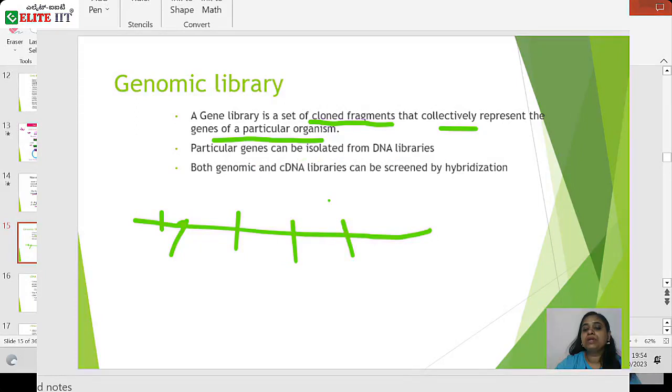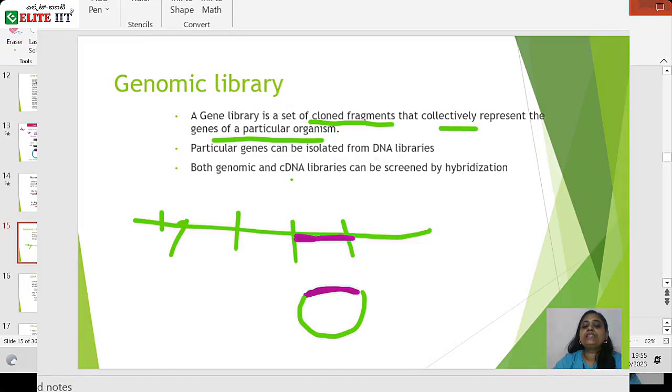Suppose you need a particular part of the genome, you can collect that recombinant and use it. So particular genes can be isolated from DNA libraries.